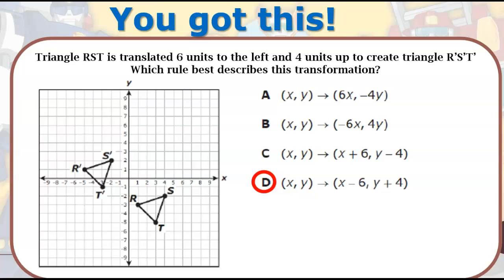All right, the answer here is D. If you just look at any of these points, I looked here at S, and I went left 6 places, 1, 2, 3, 4, 5, 6, and then 4 places up to get from our beginning S to our end. So D is the rule for this translation.